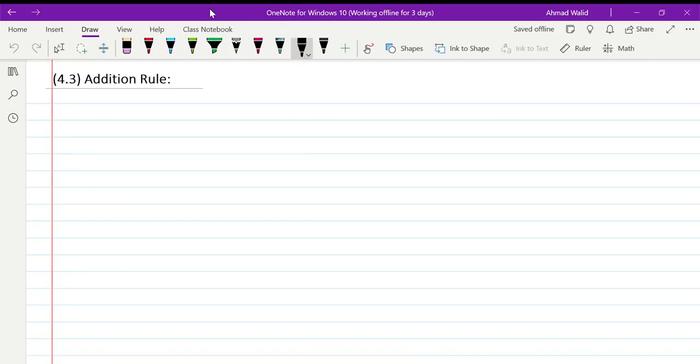Let me introduce to you what a compound event is. I'll put a simple definition.